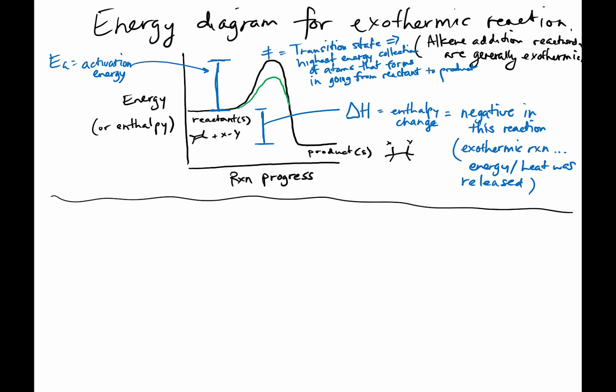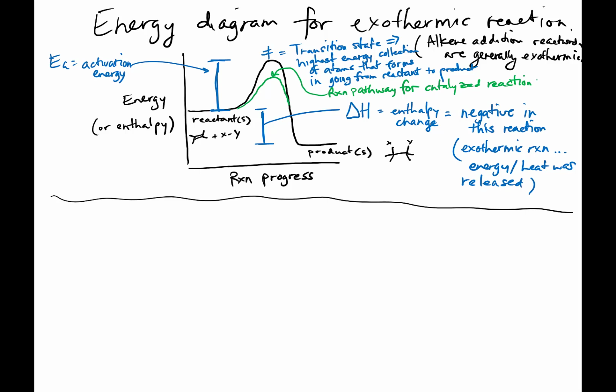A catalyst does not change the relative energies of the reactants or products, and it certainly doesn't change their identities. Absolutely not. But I'll put reaction pathway for the catalyzed reaction, the one with the catalyst.